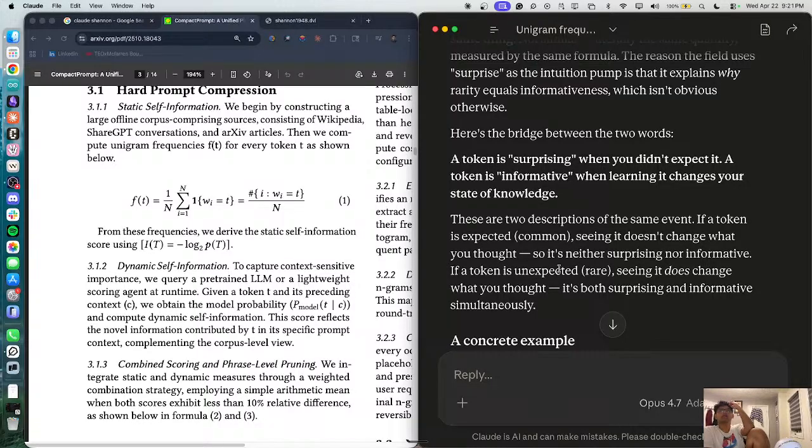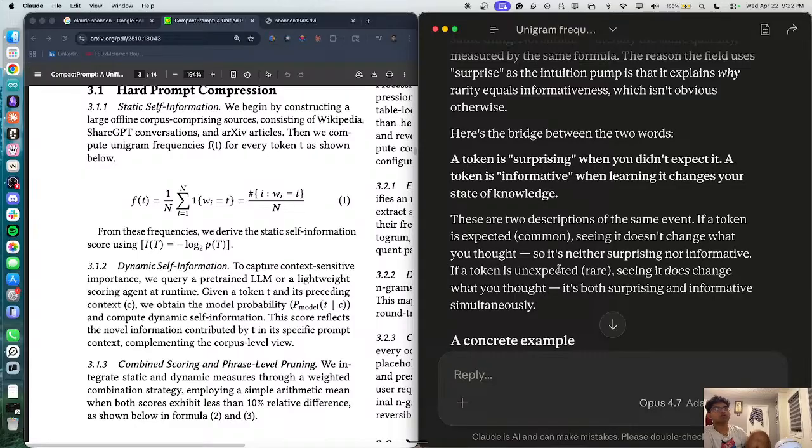Oh, I see. So what I was thinking is a little bit flawed, because in information theory, when a token is informative or surprising, it's basically when you do not expect it. That's when it'll actually provide some sort of meaning in the text, which makes sense. Because if you expect a token to occur a lot, it's going to be redundant.